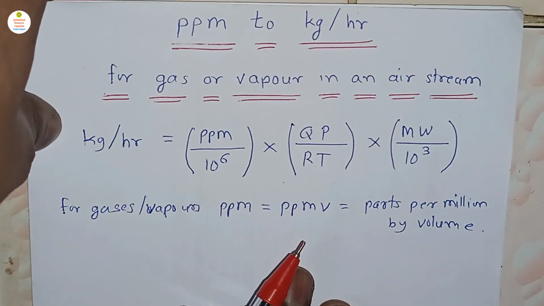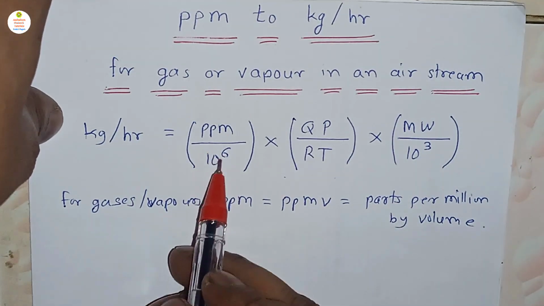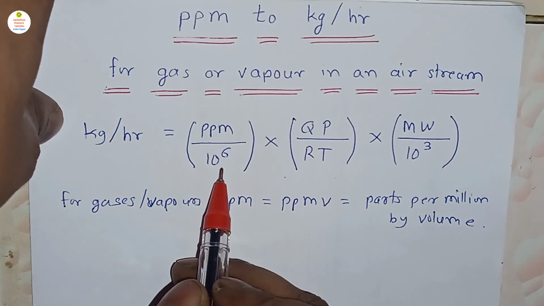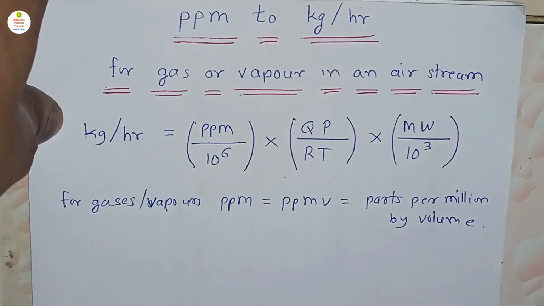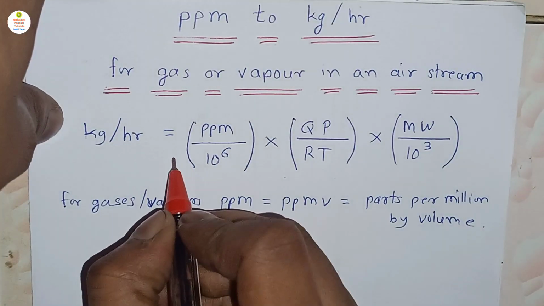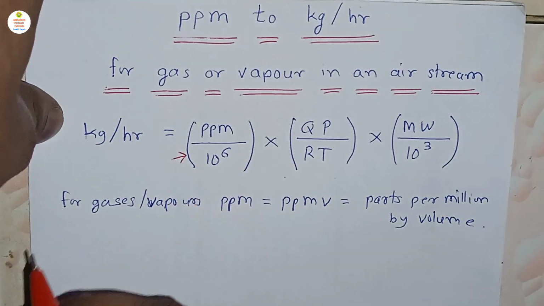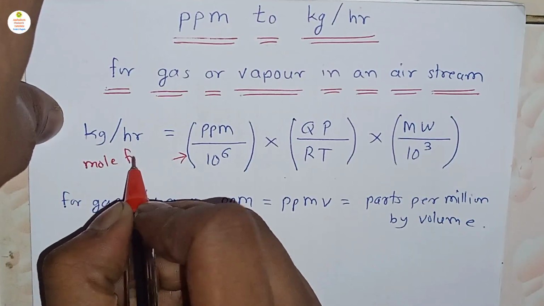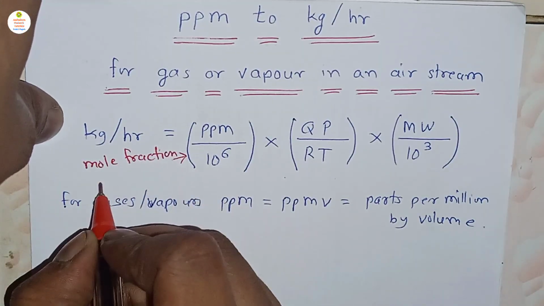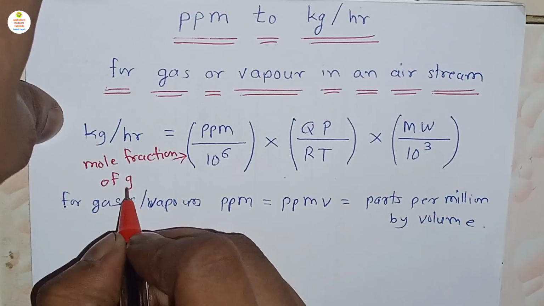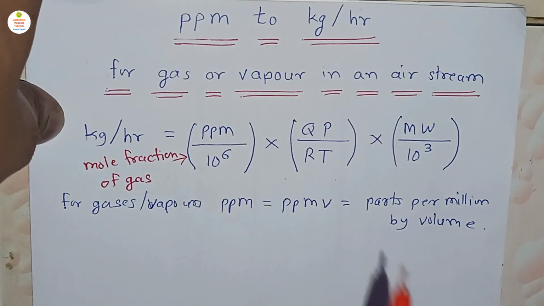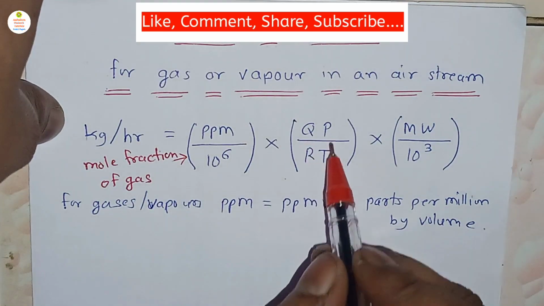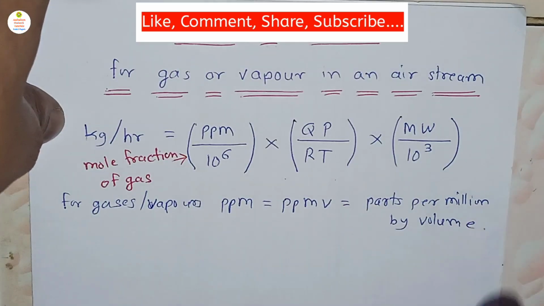Okay, so here this ppm upon 10 raised to 6 is the mole fraction of gas. Okay, so here I'm writing down for you, mole fraction of gas, and here this Qp upon RT is the total molar flow of air.